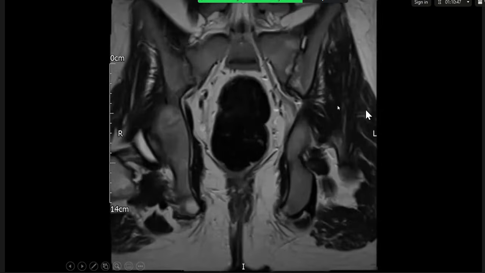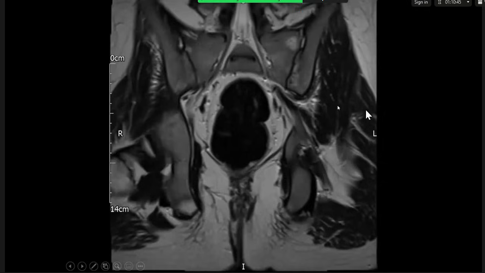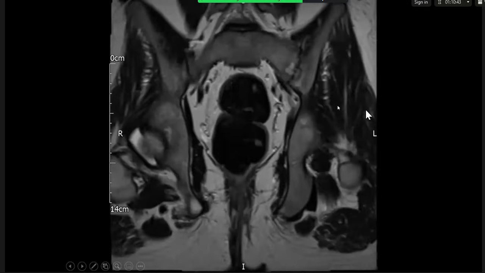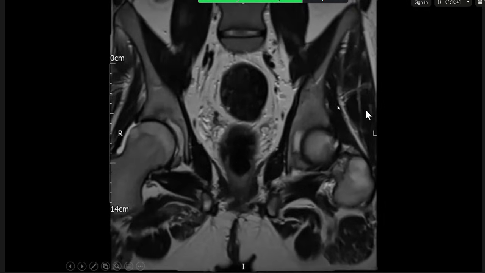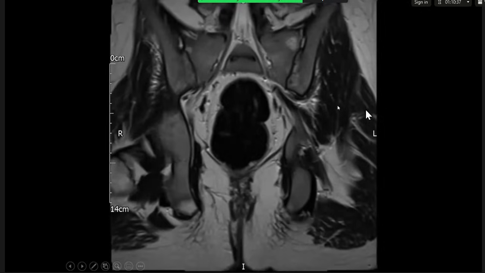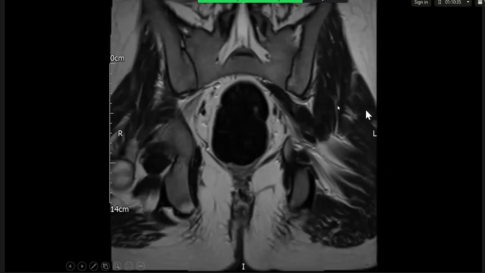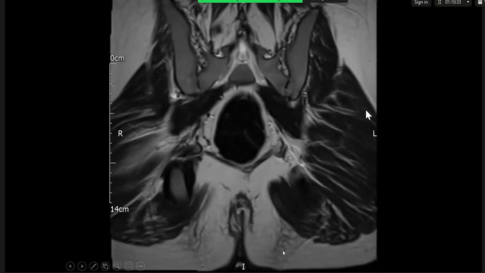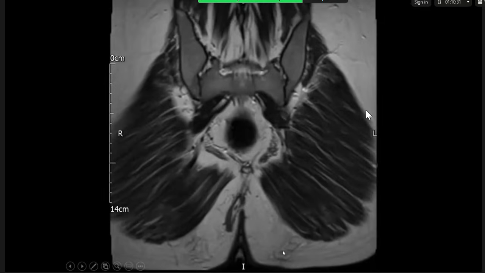As seen on the radiograph, there's reduced joint space and complete narrowing of the sacroiliac joints. I'd also have a look at the rectum and anal region for any evidence of inflammatory bowel disease.